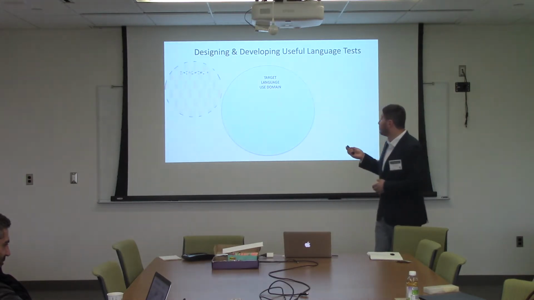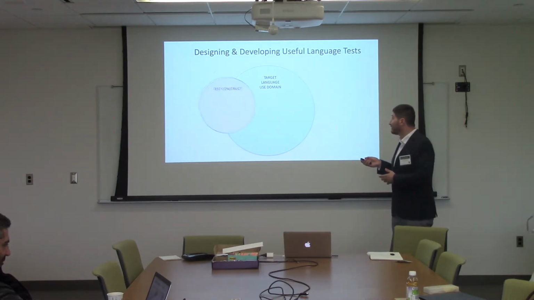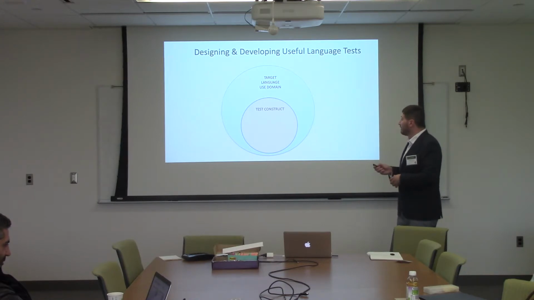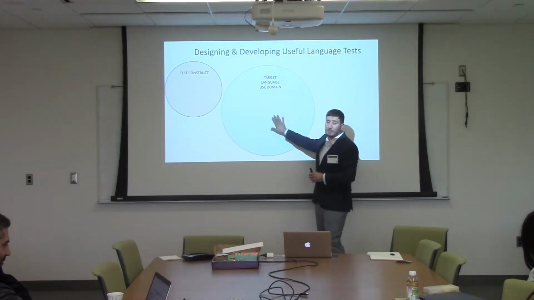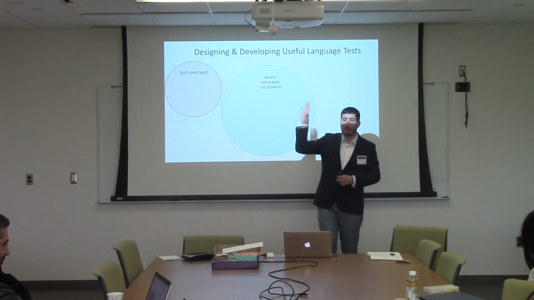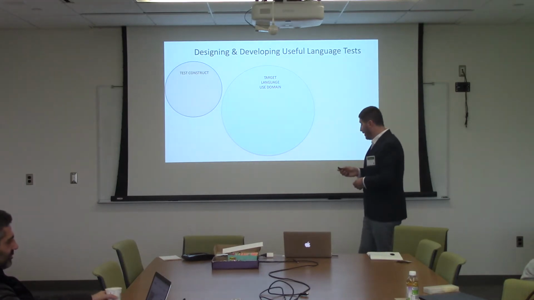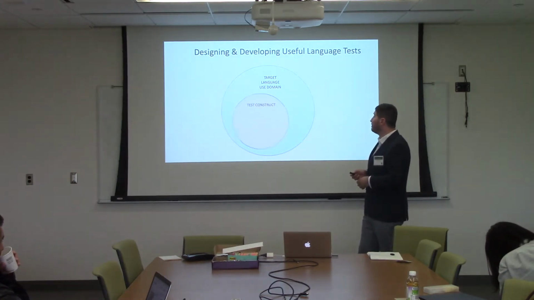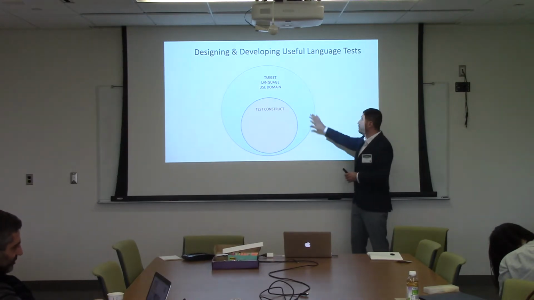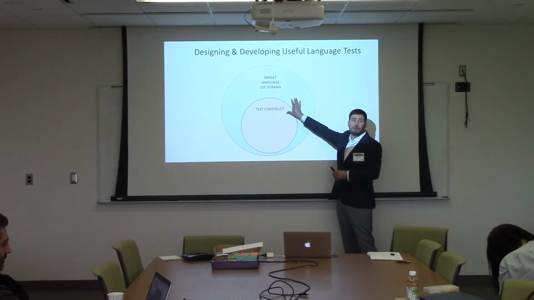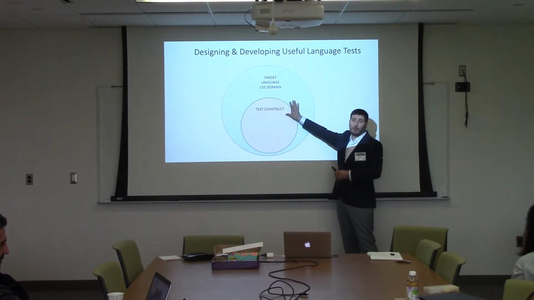So to go back to our philosophy, instead of going in a linear way, we need to put the target language use domain as our target, the real life, okay? And then we define what it means to speak the language in that context. And the good news is these two parts have been done for us, so we are not doing this.